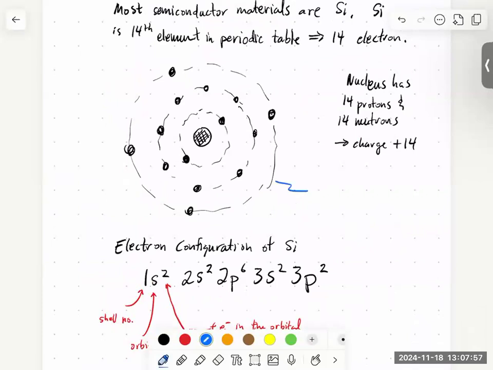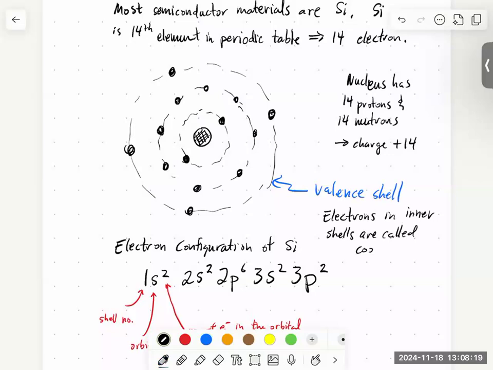So we'll call this the valence shell, and the electrons in the inner shells are called core electrons. And it will turn out that for us, all the important action that we're going to care about is going to have to do with these valence electrons and this outermost shell.